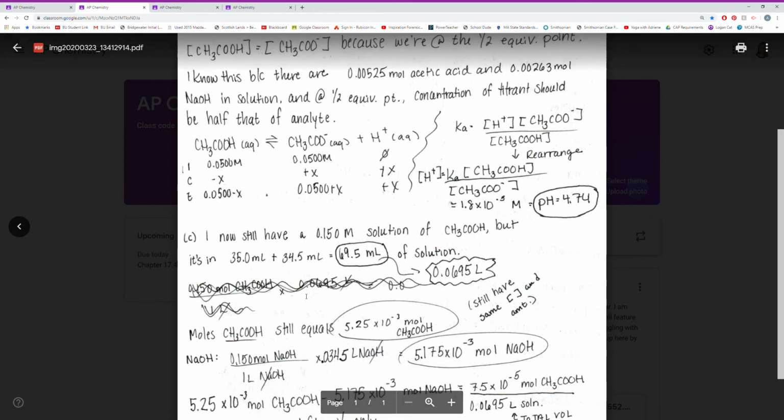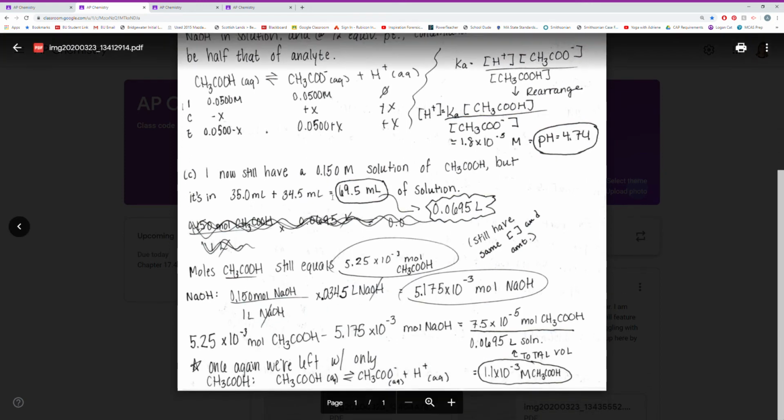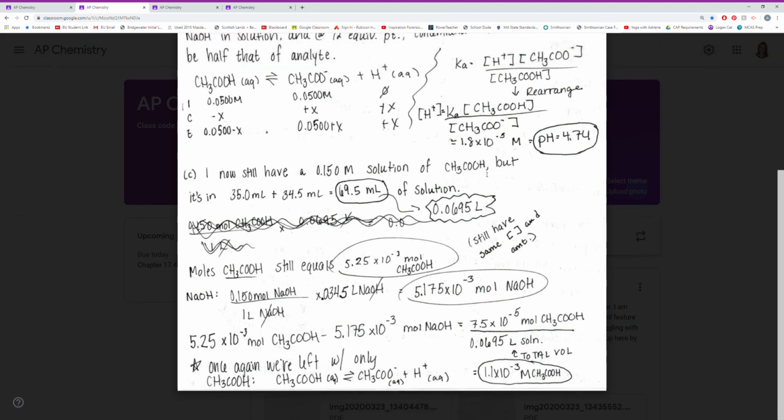Okay, so now moving on, I have the same molarity of acetate. But now I'm in 69.5 milliliters of solution because I've now added to the acetate 34.5 milliliters of the sodium hydroxide.